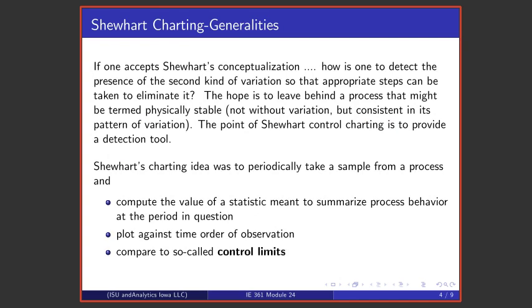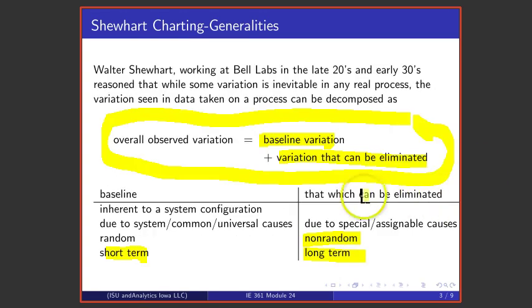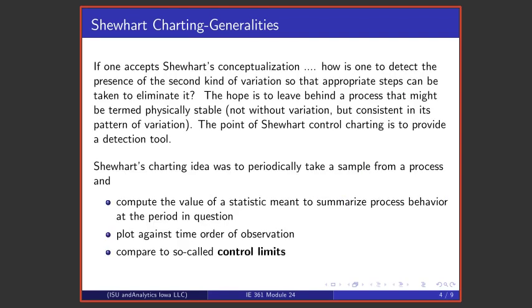If one accepts this conceptualization of Shewhart, the question is, how does one detect this second kind of variation that can be eliminated, so that one can intervene wisely, find reasons for process instability, process change, and eliminate it, leaving a process that one might call physically stable over time.